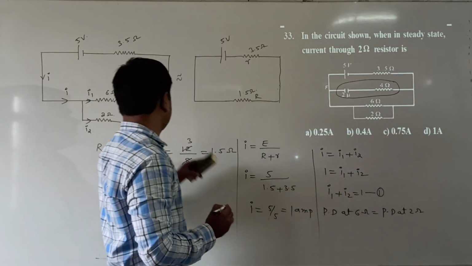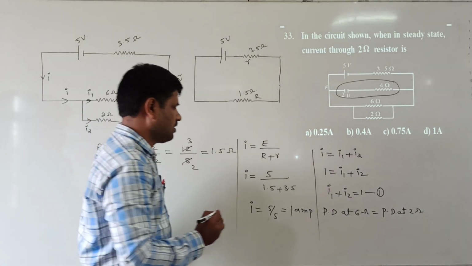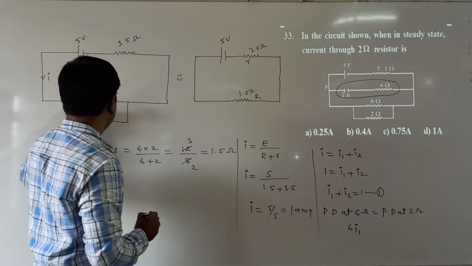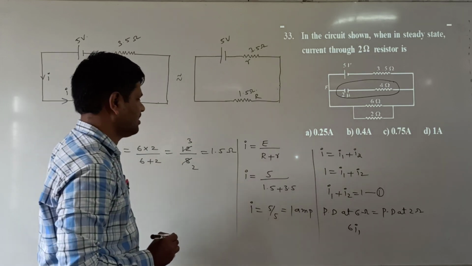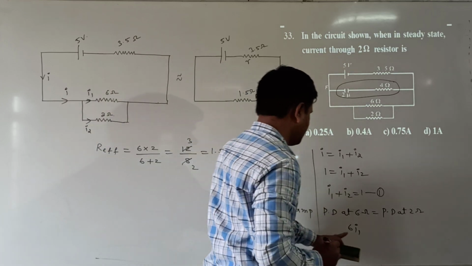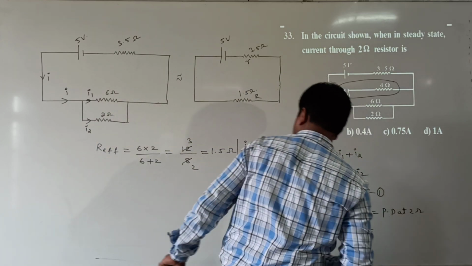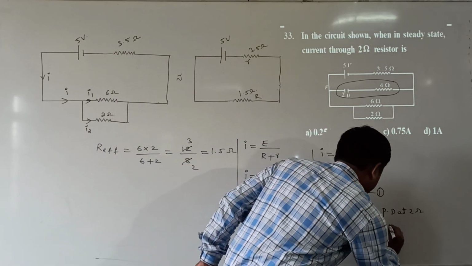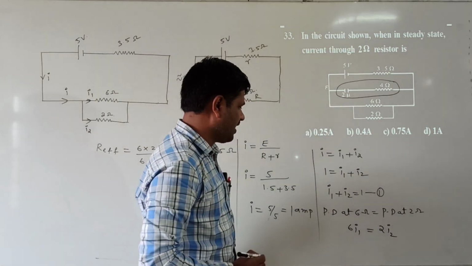Both are the same because these two are in parallel combination. In the 6 ohm, the current is I1 and the resistance is 6, so the potential is 6 I1. Here the current is I2, the resistance is 2 ohm, so I am writing 2 I2.